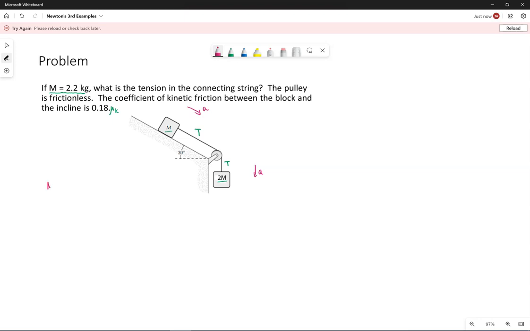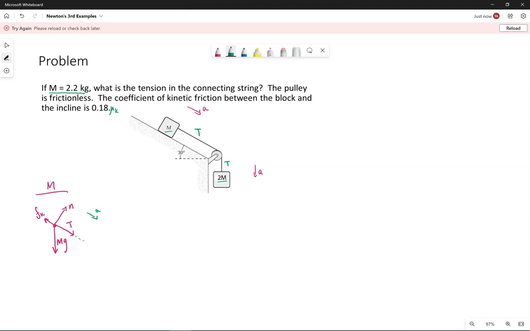So the mass on the incline, we know it is experiencing a force of gravity downwards, a force of tension down the incline, a normal force because of the surface, and then because they've given us a coefficient of kinetic friction, that kinetic friction would oppose the motion. We do expect the acceleration to point down the incline.